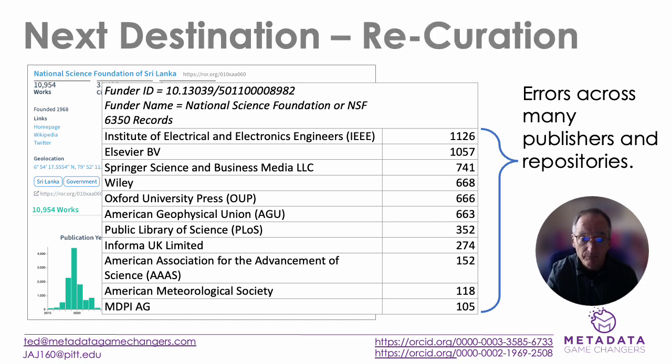And the solution to this problem is also recuration, and the funder identifier needs to be changed to the identifier for the U.S. National Science Foundation, and that will correct this error.